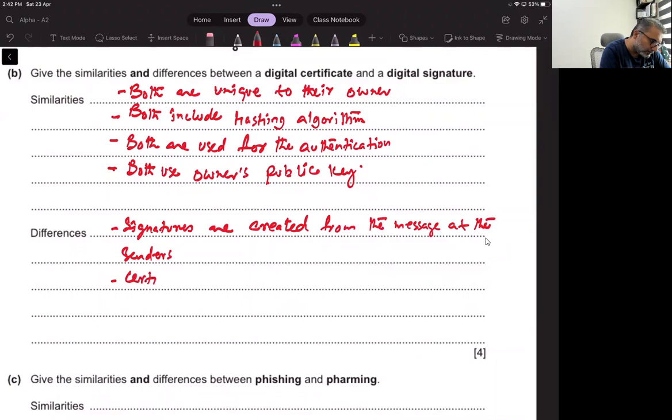Certificates are created by the certification authority. All right.